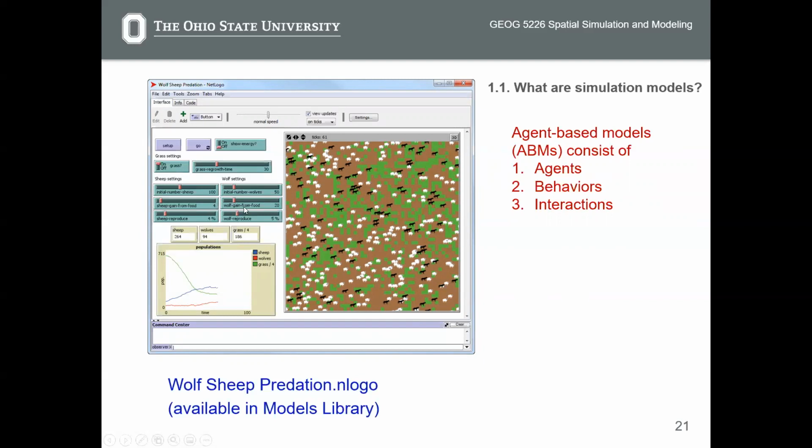And also wolf gain from food, which means that if a wolf eats a sheep, it gains energy, and each wolf needs energy to move. Okay, and there is also reproduce rate for sheep and for wolf, so they can reproduce. Okay, and let me show you this model later maybe.